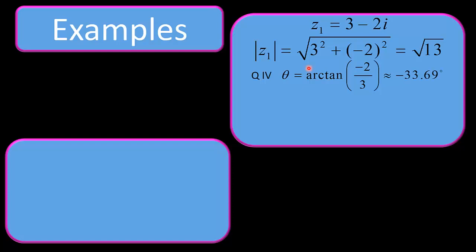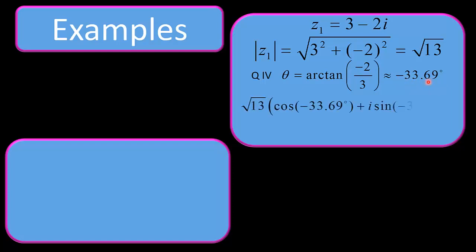Now, the reason I take note of that is because, remember, arctan only has output angles between negative 90 degrees and positive 90, not including them. So if your complex number is in quadrant 1 or 4, arctan is going to give you the correct angle.